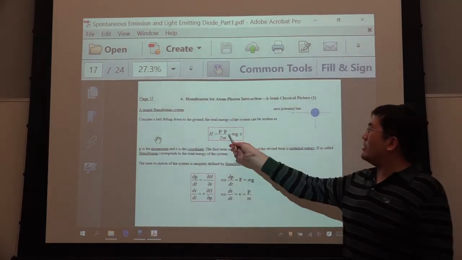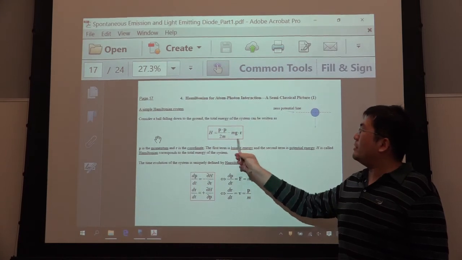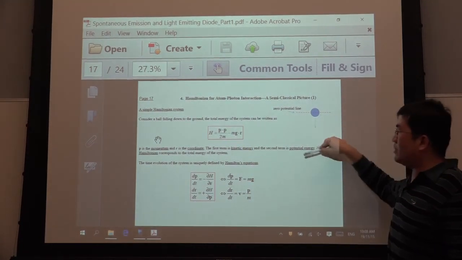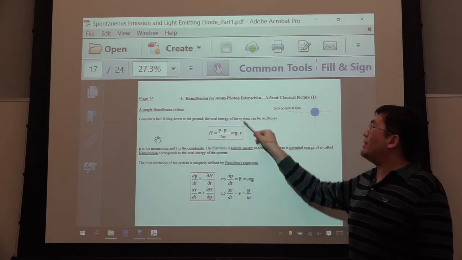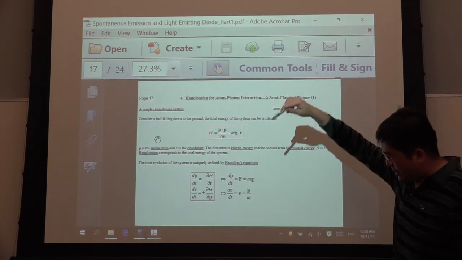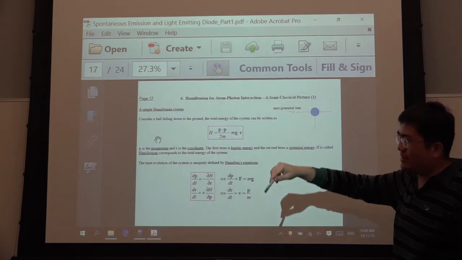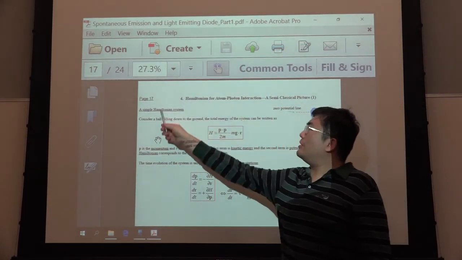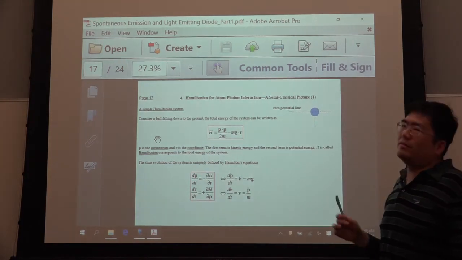The kinetic energy will increase and the potential will decrease, so adding them together, it is conserved. Every time the system evolves, the energy is conserved. So a Hamiltonian system is any system that has conserved energy.